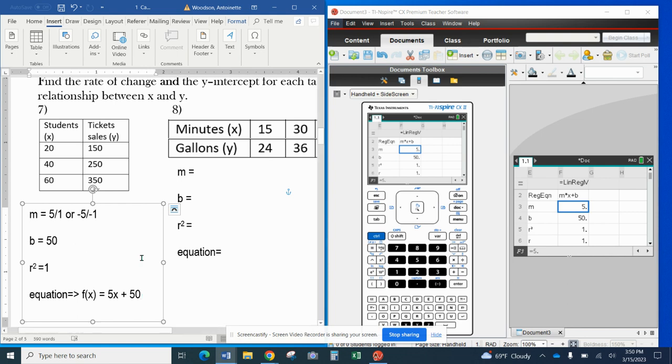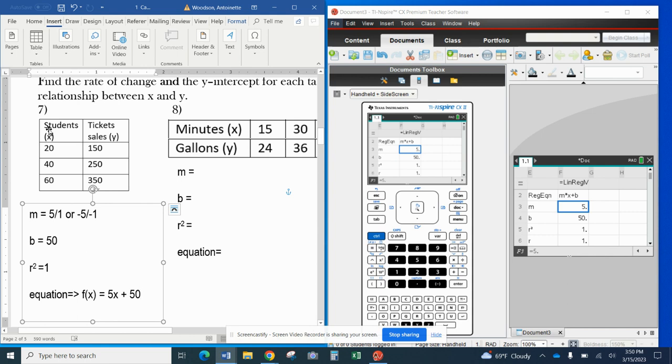Because that's our y-intercept. Our ticket sales begin at 50, and then it's ticket sales per student. So this means that our y, which is our ticket sales, our change in y is 5. Our change of x is 1. So that would be 5 ticket sales per 1 student.